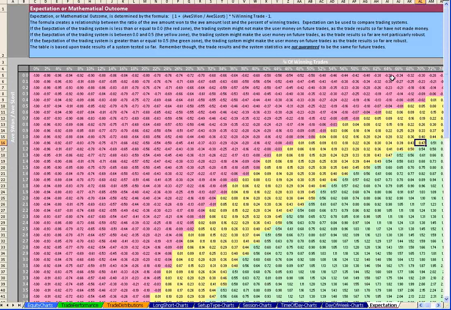So those two pieces of information we're keeping an eye on here with this table, and as you get closer and closer to the red, well, the red flag should go up and warn you that perhaps it is time to start making a serious change with your trade system. So the expectation table is very, very important to your trading. You should always keep your eye on it.